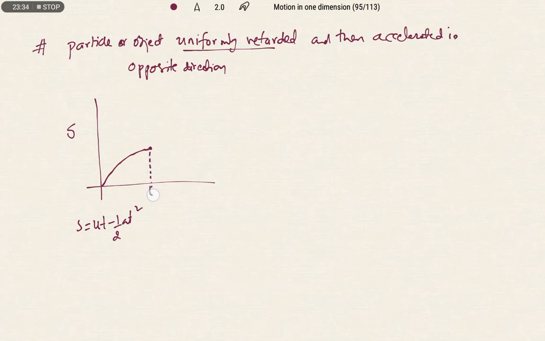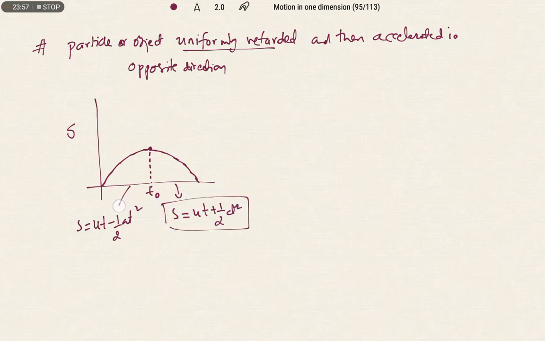Suppose after t naught time, its acceleration acts in the opposite direction. So therefore this is the graph. For this portion, s equals ut plus half at square. For the earlier portion, s equals ut minus half at square.